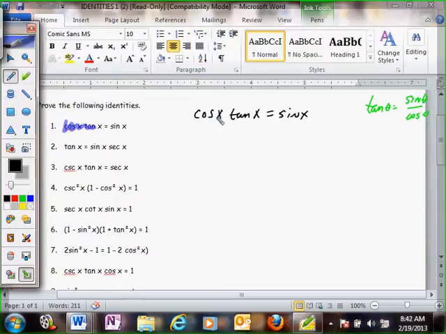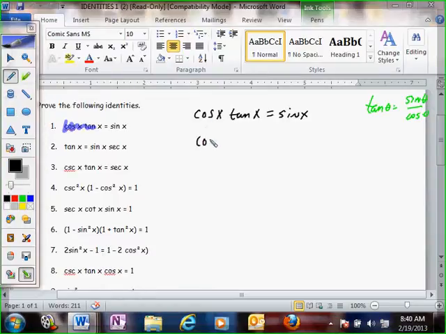I'm leaving this cosine x here. So tangent x is equal to sine x over cosine x, so times sine x over cosine x. And I'm keeping this going down here, still sine x on this side. Well, what happens here?